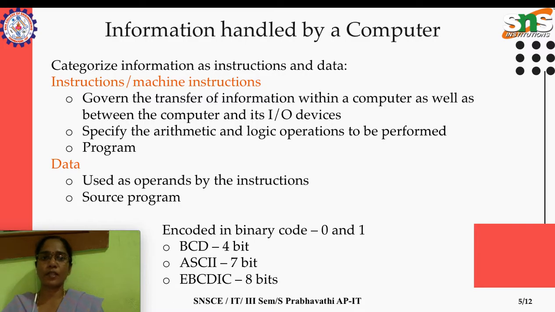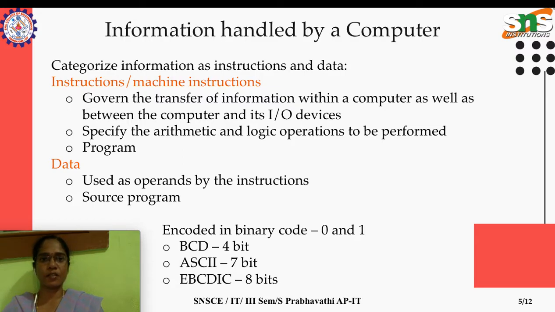Before that, how is information handled by the computer system? Information is categorized in two ways. One is the instruction, or we could say machine instruction, and the other is the data. Instructions are used to transfer information within a computer system as well as between the devices and the computer system.